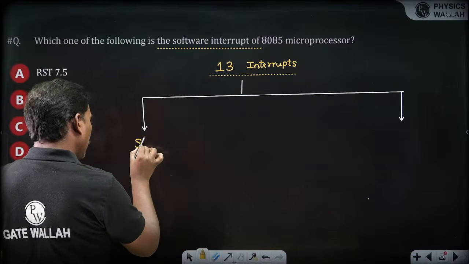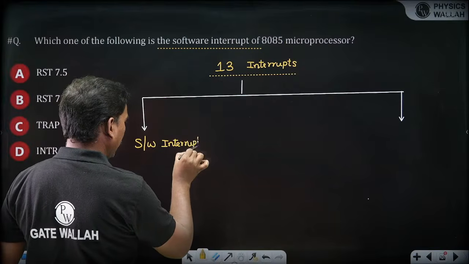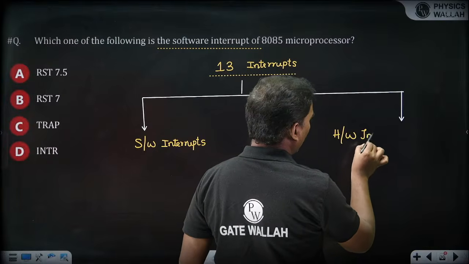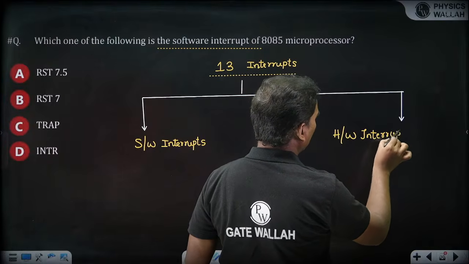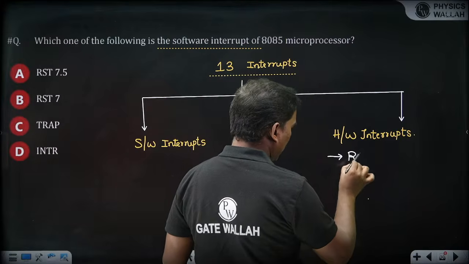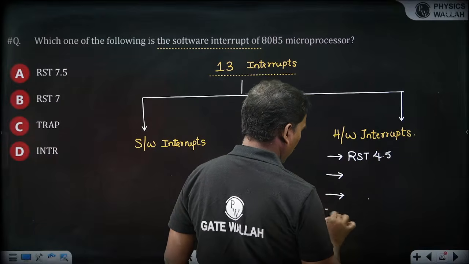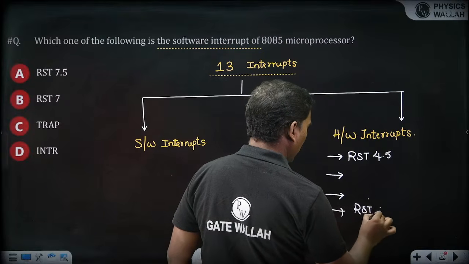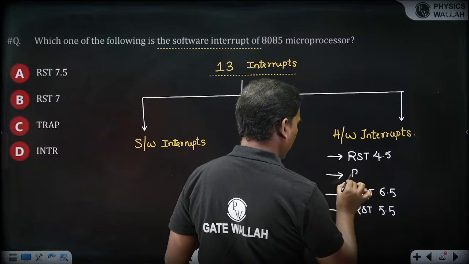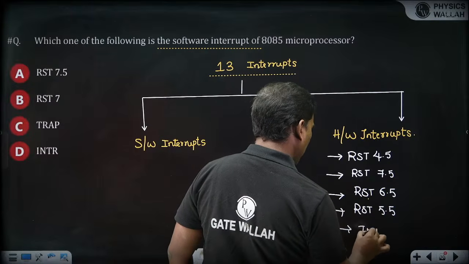So if I take the software interrupts and hardware interrupts. Hardware interrupts are nothing but pins. I will take them as RST 4.5, RST 5.5, 6.5, 7.5, and INTR.